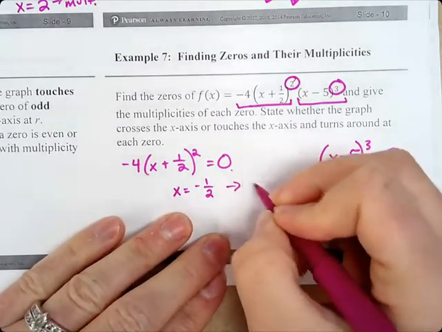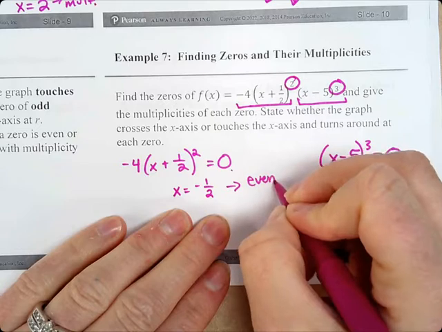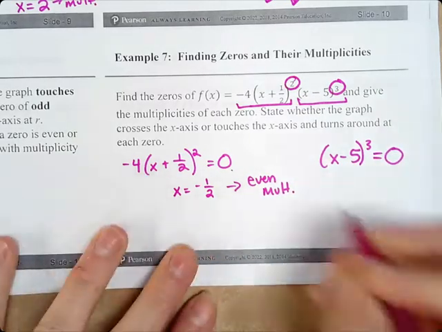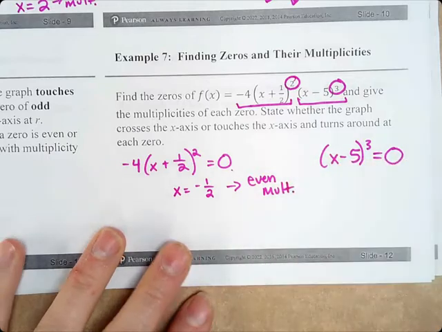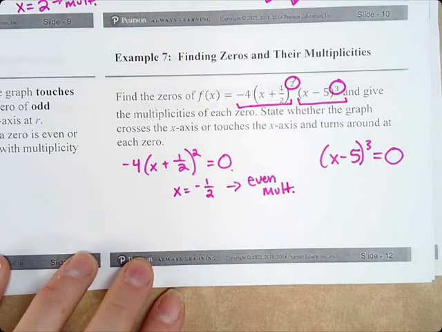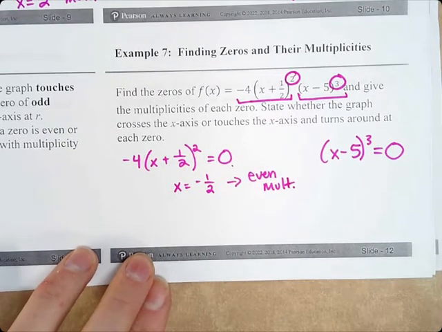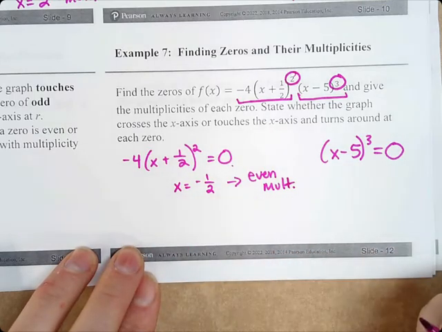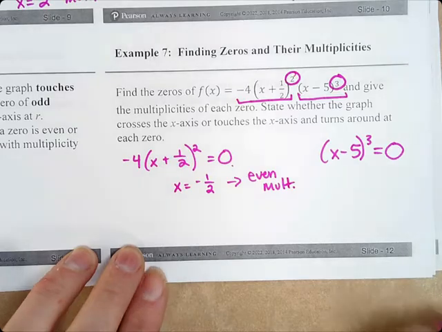But this has an even multiplicity. So that means at -1/2, it's going to touch and go the opposite way. It'll go up or down to it and then go the other way.